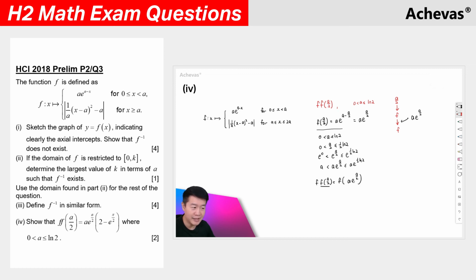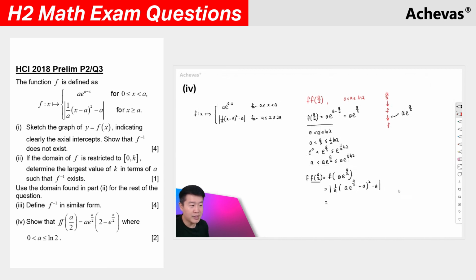So I'm going to put this into the next f, and like what we have determined here, since this x value is bigger than a, we are going to make use of this expression, which means that it is going to be modulus of 1 over a. x is going to be this a e to the power of a over 2, then minus a squared minus a, modulus, which is supposed to be plus or minus.